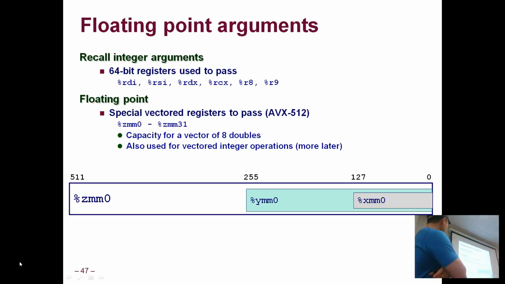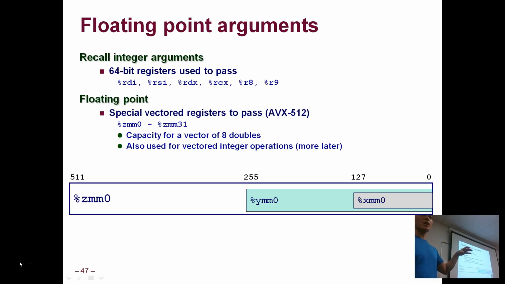Up until this point, we have not talked about floating point arguments. As it turns out, floating point arguments use a completely different register set. If you pass floats or doubles as parameters, they won't go into RDI, RSI, RDX, or those registers. They'll get passed in these registers. Just like we have AX, EAX, and RAX, for these registers we have XMM0, YMM0, and ZMM0. These are vectored floating point registers.